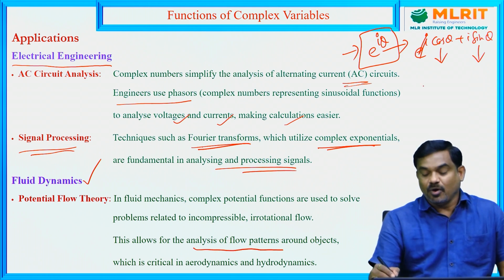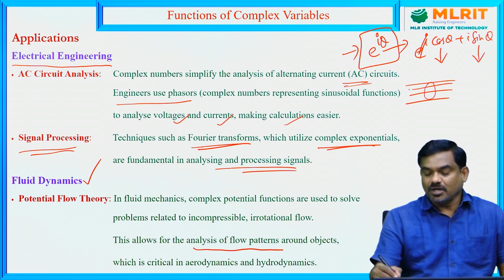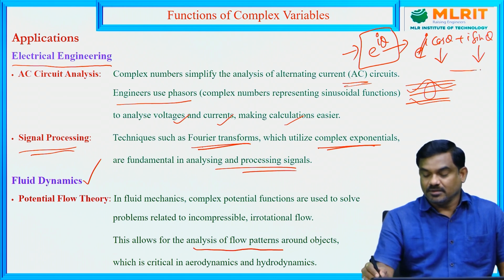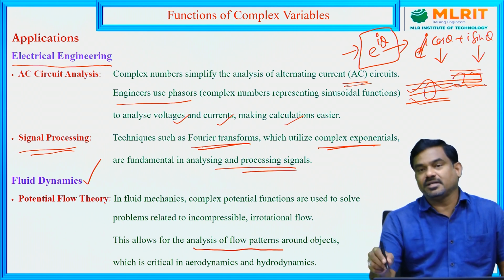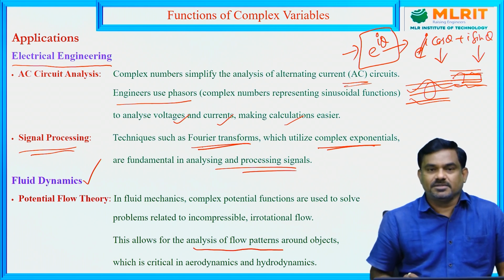Sometimes there is a flow and here we have a sphere, and we ask what the pattern of the flow is. For example, there is a flow and there is a rectangular plate in that flow. In dealing with the pattern of the flow, complex variables play an important role.